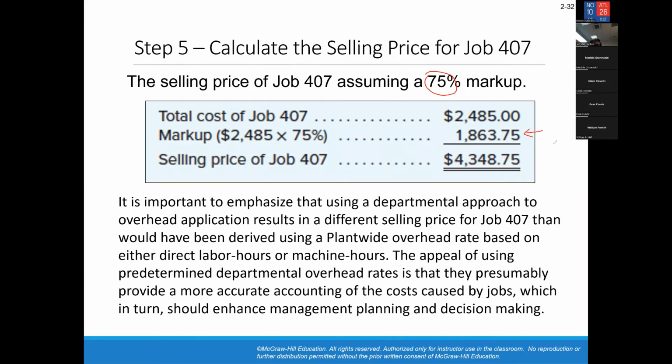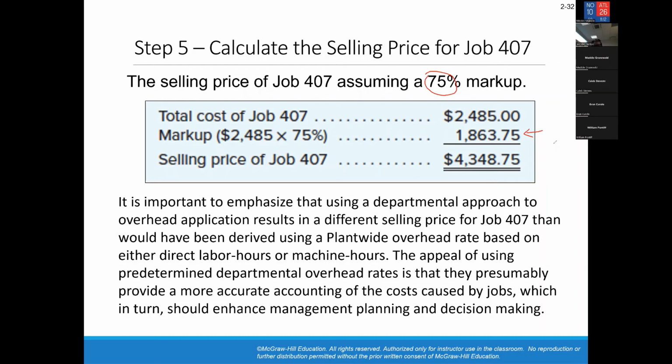So it says it's important to emphasize that using a departmental approach to overhead application results in a different selling price for job 407 than it would have been using a plant-wide overhead based on either direct labor or machine hours. So basically it's just saying it's different. Well, of course it's different. If we decided that we were going to use a plant-wide overhead, we would just be using one allocation base.